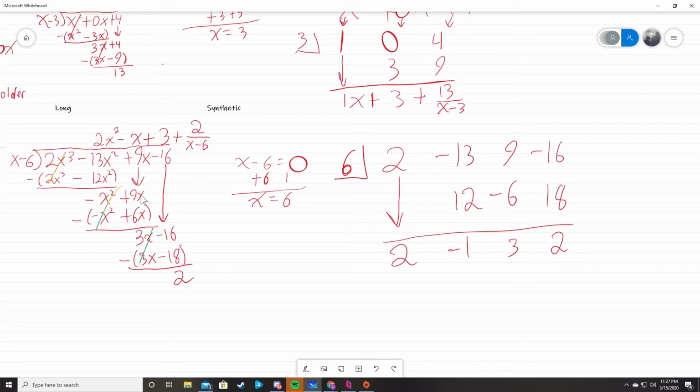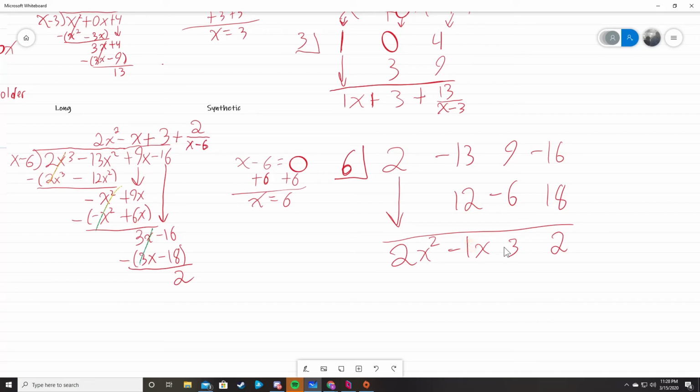Now we know that we were at x to the third in our original answer. That means everything here in our new one is going to have 1 less x. So we start off with an x to the second power. Then we go through with an x.